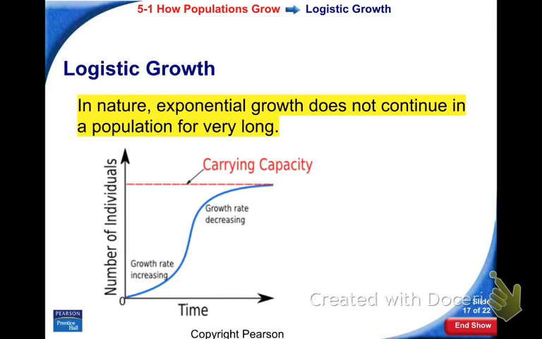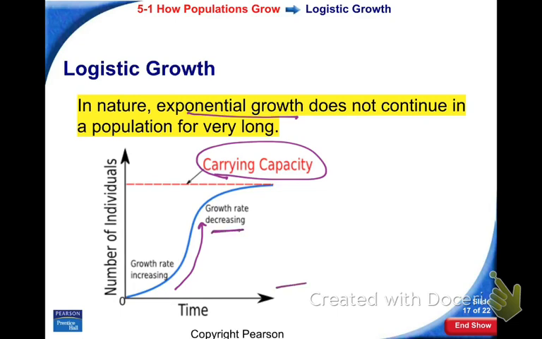But in nature, exponential growth does not continue very long, because maybe you're going to grow and grow and grow, but then eventually you're going to use up all of your resources. So when you hit this invisible point, and we don't know where that point is for each population, called the carrying capacity, you're going to see a decrease in the growth rate.